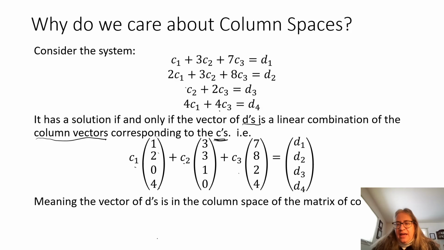Which is another way of saying that the vector of the D's is in the column space of the matrix that corresponds to these vectors, which is exactly the matrix that we saw in the previous problem. If you lump these three together, it gives you this 1, 2, 0, 4, 3, 3, 1, 0, 7, 8, 2, 4.